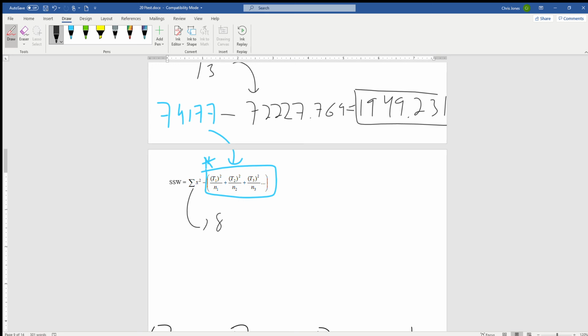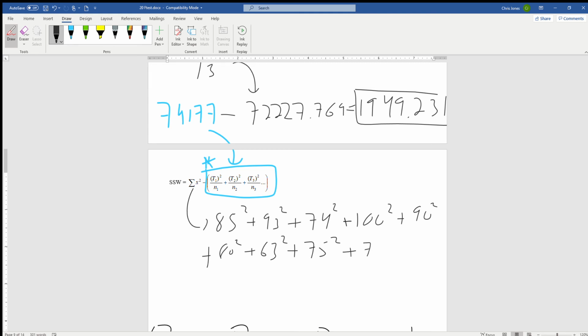Now we're going to square each of the different observations. So that's going to be 85 squared, 93 squared, and I'm just going to write it out because it might only be the second time we've done this, and that way it gives you an idea of how to do this, hopefully. 8063, 7573, 8054, and then 3567.